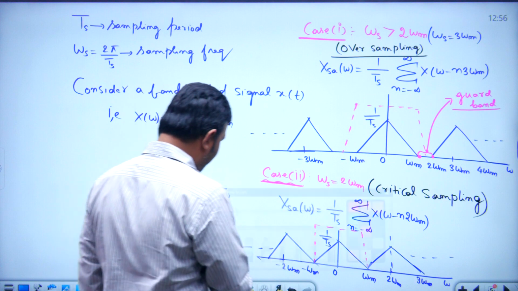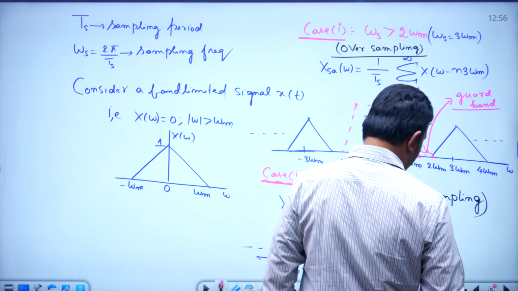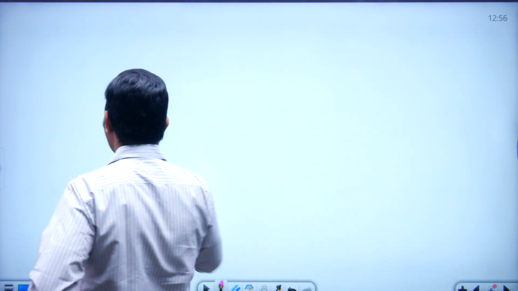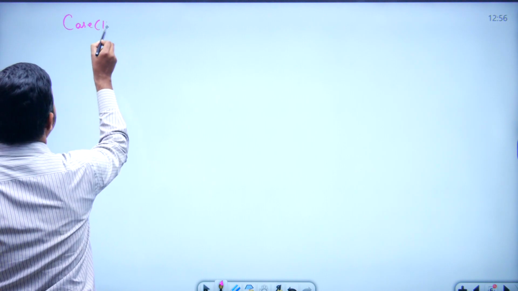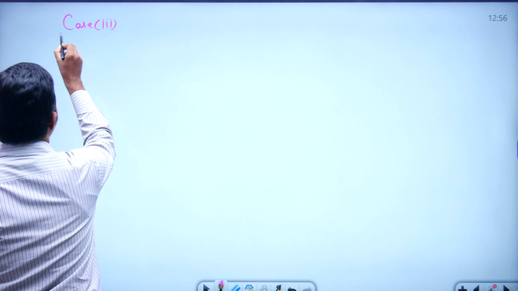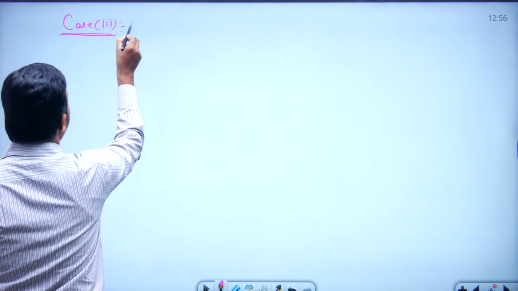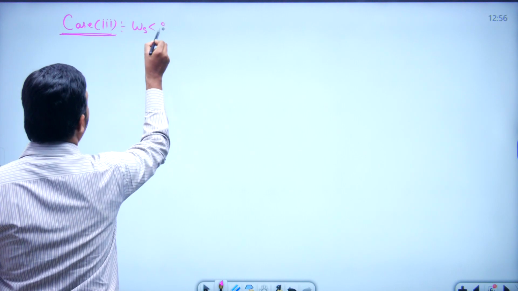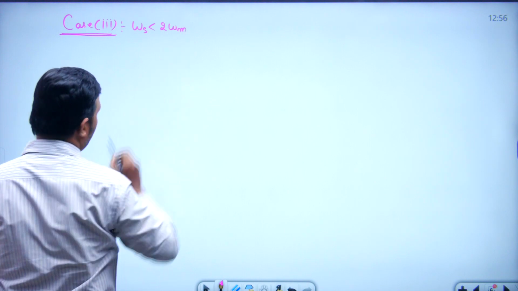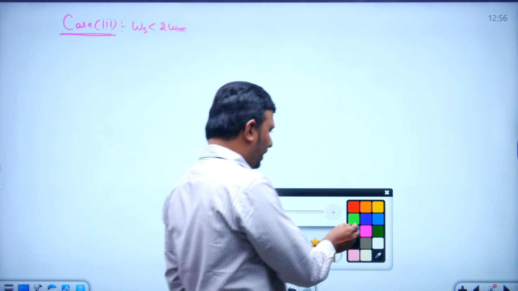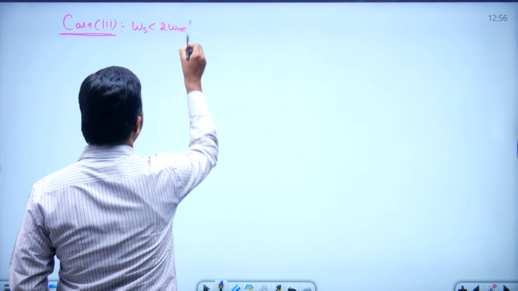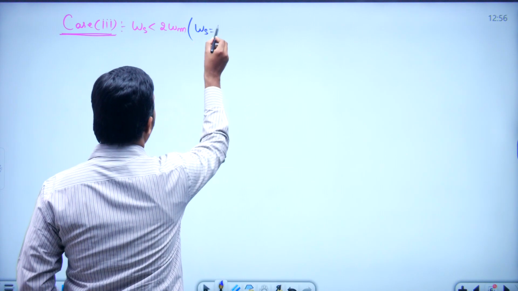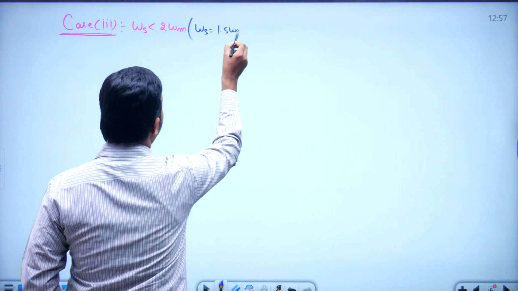Now, we will examine the final case, case 3, where we consider omega s less than 2 omega m, right. Omega s less than 2 omega m means, let us consider omega s is equal to some 1.5 omega m.